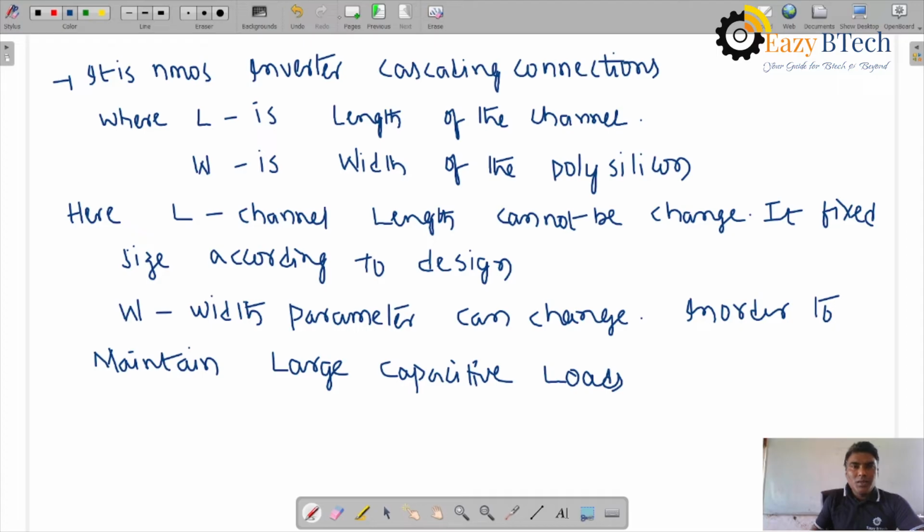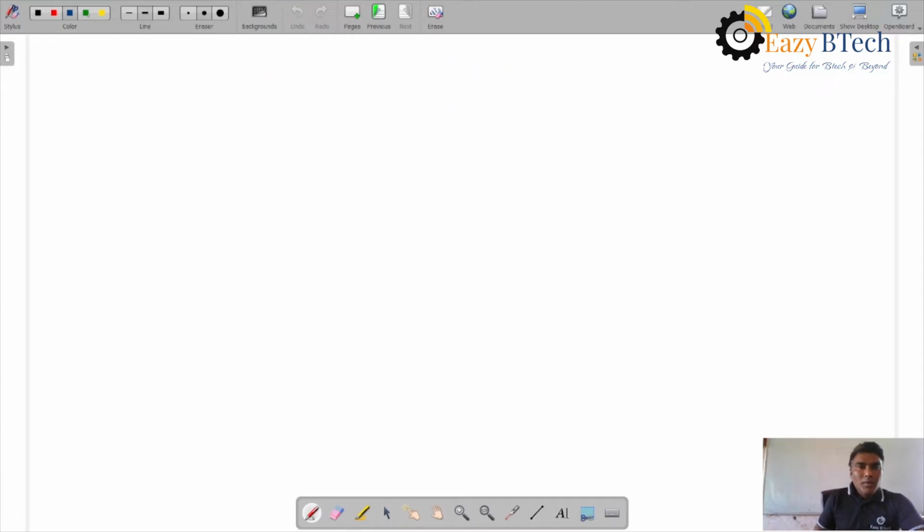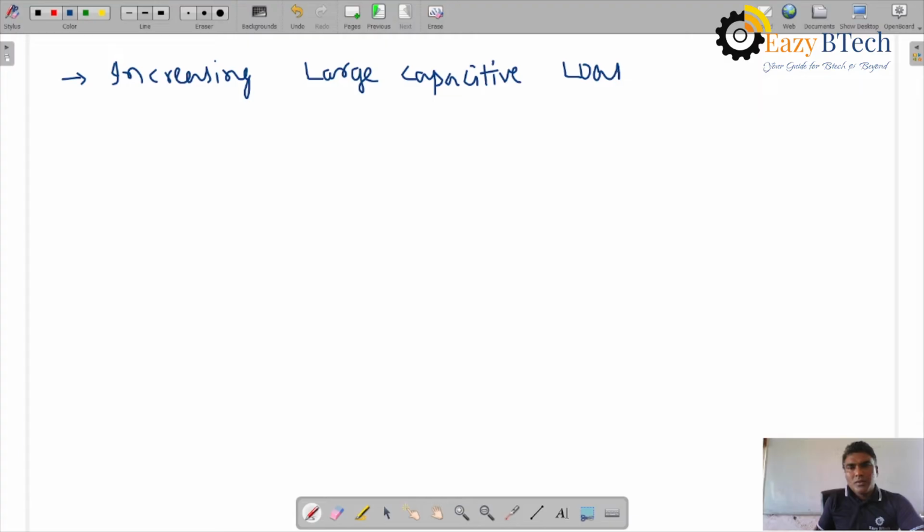One thing is increasing large capacitive loads. Increasing large capacitive loads should reduce resistance.